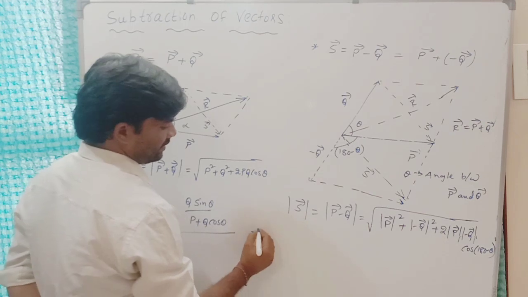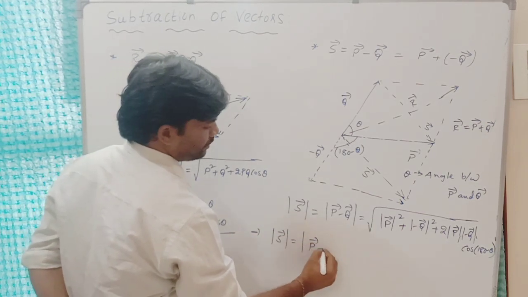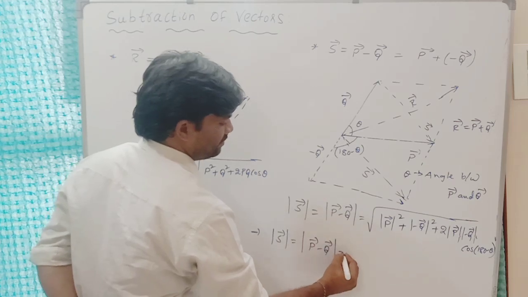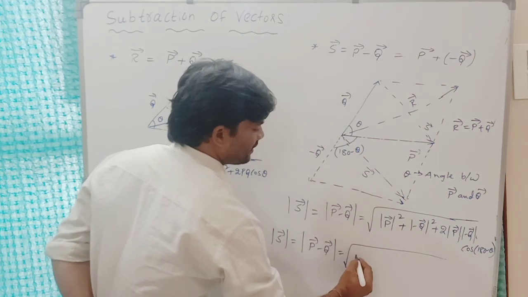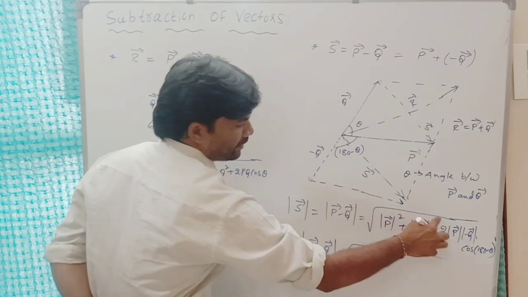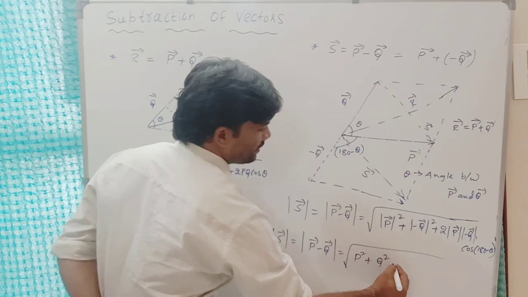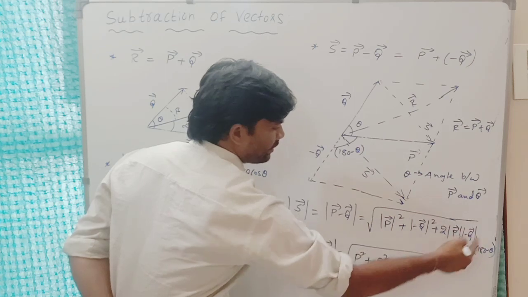You can see the magnitude of the difference of these two vectors is equal to root of P square plus mod of minus Q square, which gives Q square, and 2P times mod of minus Q, which is Q only.